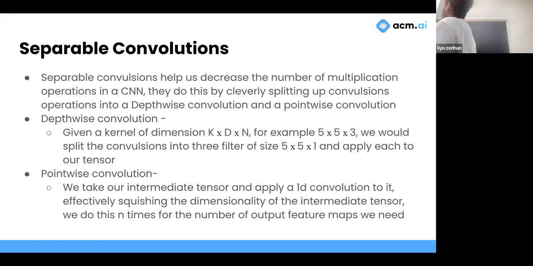For example, if you have a 5 by 5 by 3 kernel, you separate it into 5 by 5 by 1, 3 times, and then you use these kernels on the image, and then finally you'd have a pointwise convolution. So separable convolutions have two main parts: first, the depthwise convolution, and second, the pointwise convolution.